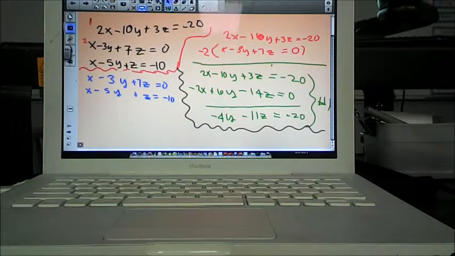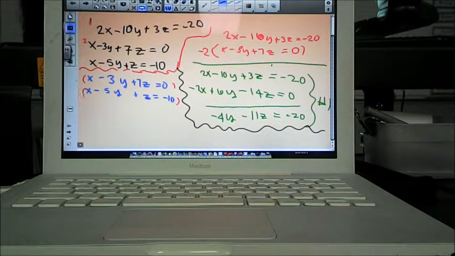And now we're going to multiply using the red. We have to multiply these by 2 and negative 2.